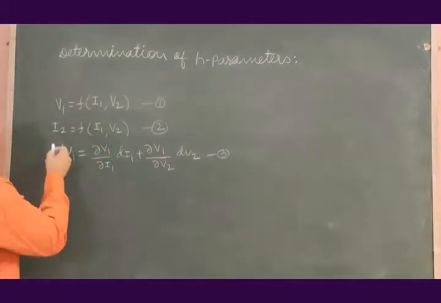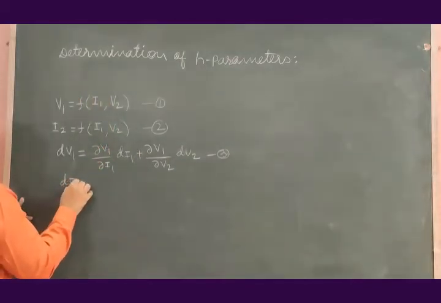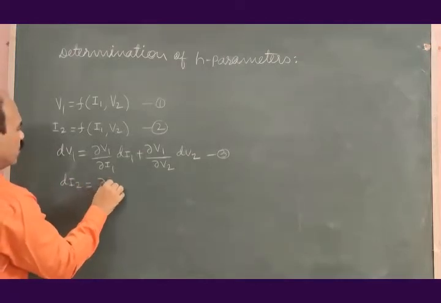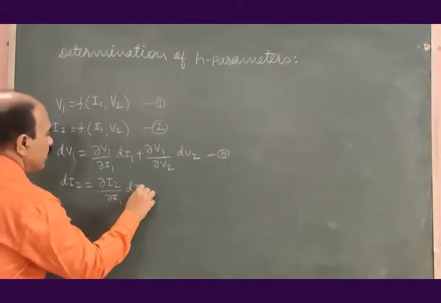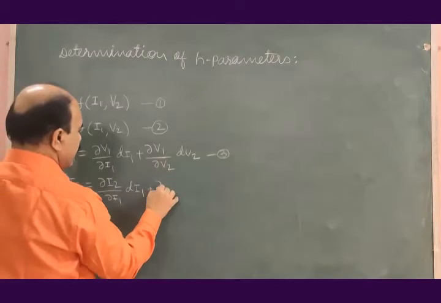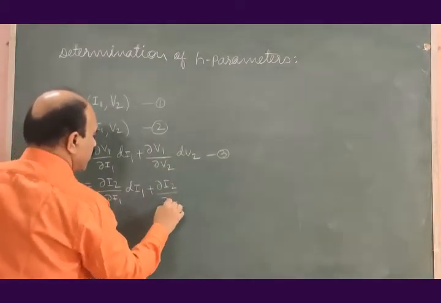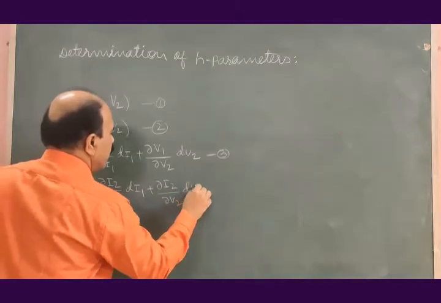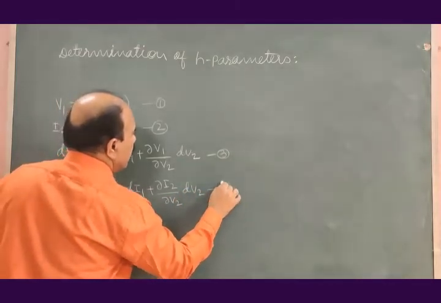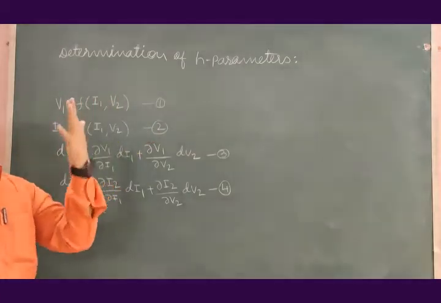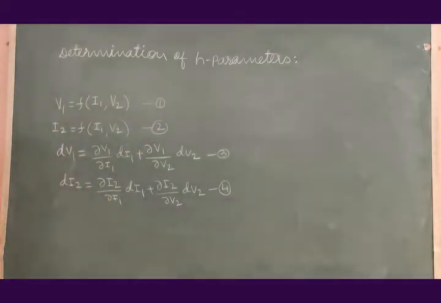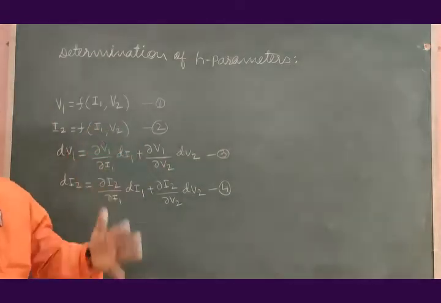Equation number 3. dI2 is equal to dou I2 by dou I1 into dI1 plus dou I2 by dou V2 into dV2. Equation number 4. Equation 1 is differentiated. Equation 2 is differentiated. Total differentiation of equations 1 and 2 is taken to get equations 3 and 4.